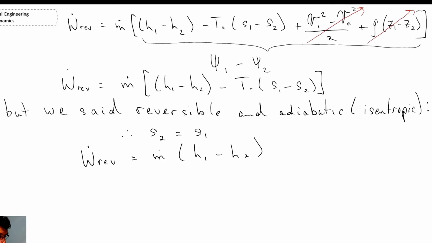And if you look even at the first law and compare it, so let's take a quick look at the first law for an open system. We would have written it as follows.